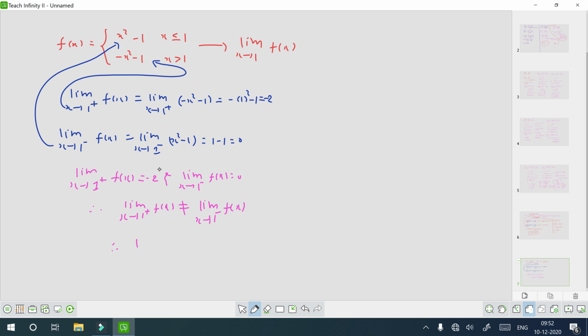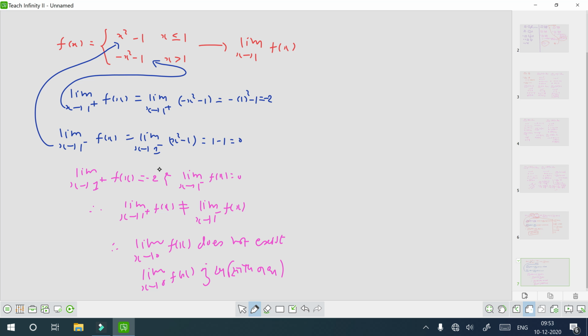And therefore, this limit of f of x does not exist. Clear?